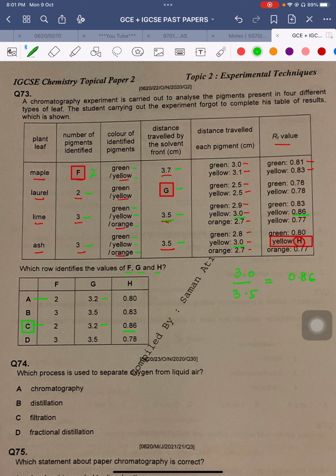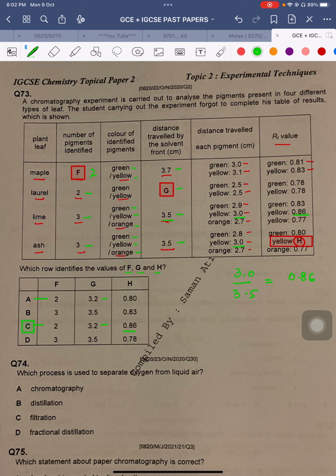So the number of pigments identified in maple is also 2, because green and yellow are the two colors. Then the distance traveled by the solvent is 3.2, 3.2 in both A and C. So we can select either A or C. A and C are matching for F and G options.